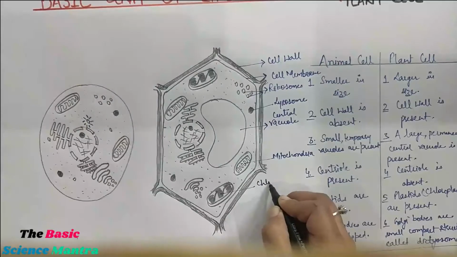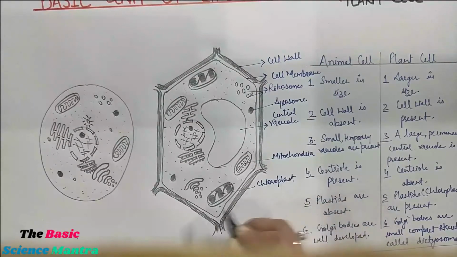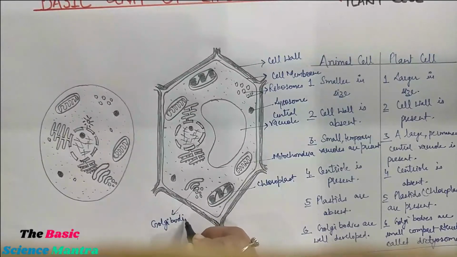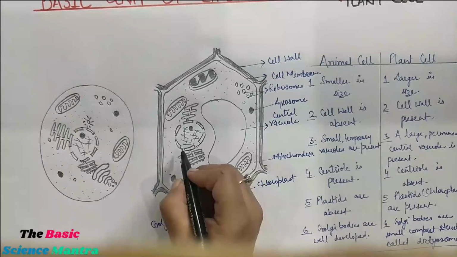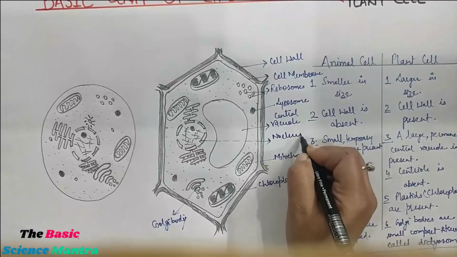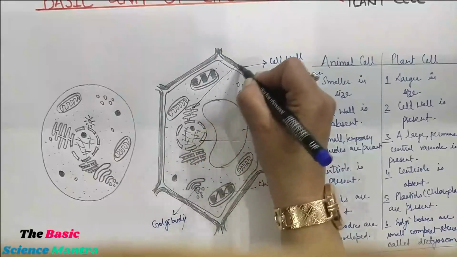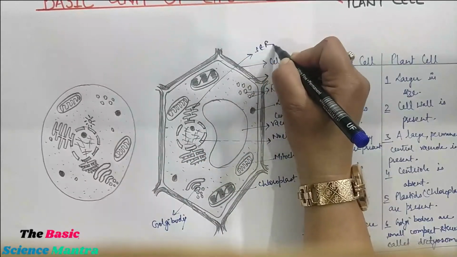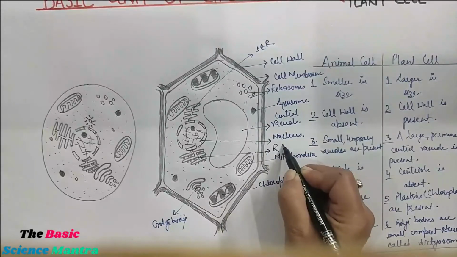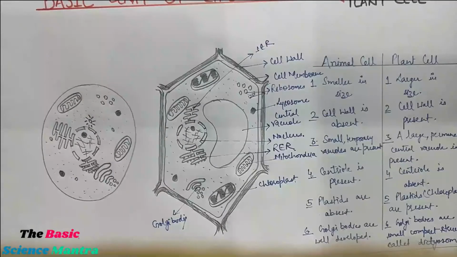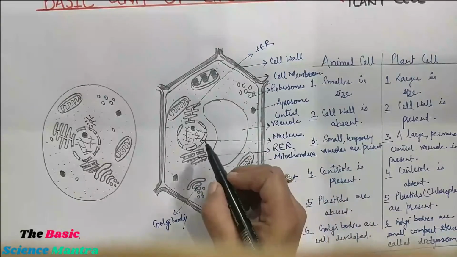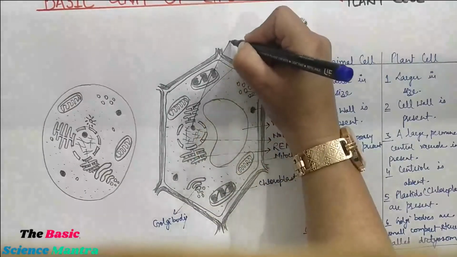This is chloroplast. These are Golgi bodies. You can also call them dictyosomes. This is nucleus. This is smooth endoplasmic reticulum. I am writing in short SER. And this is rough endoplasmic reticulum, RER. And you can also mention nucleolus.